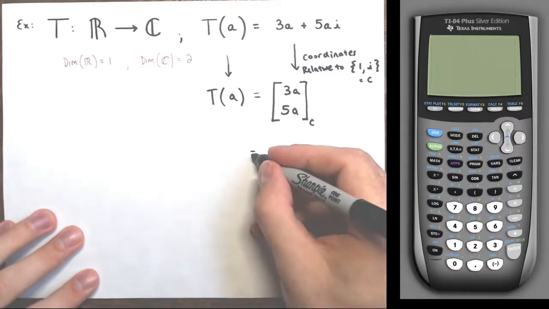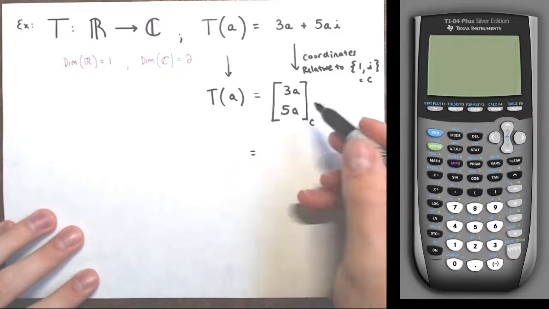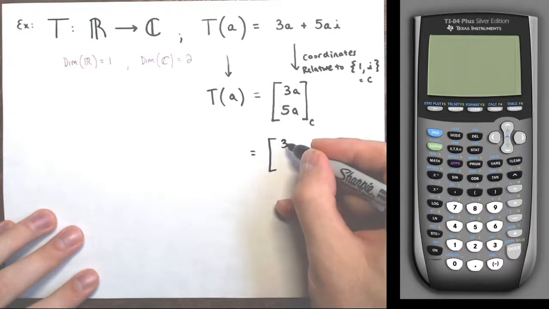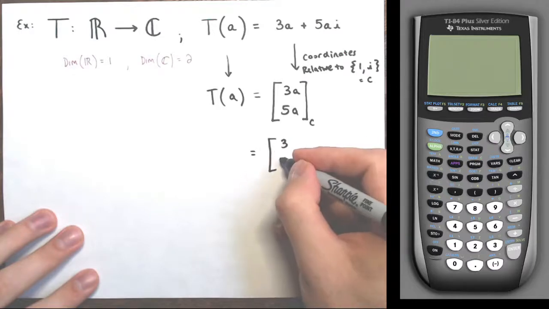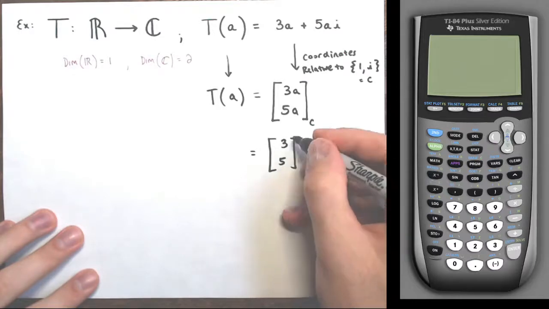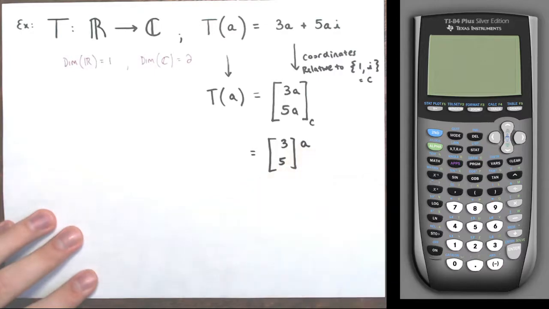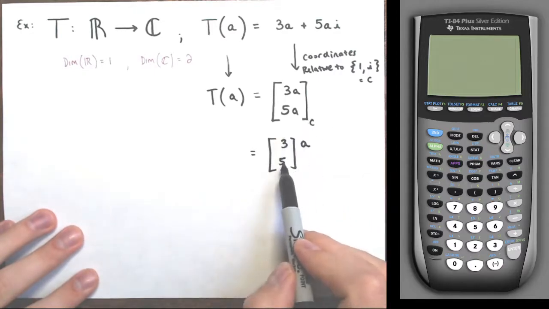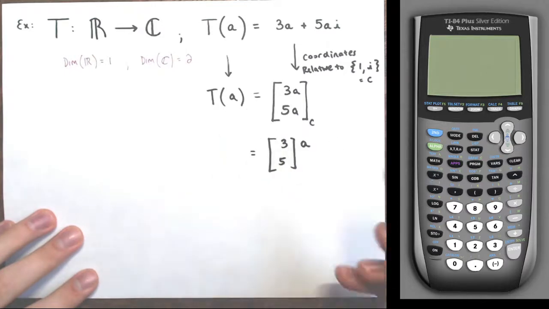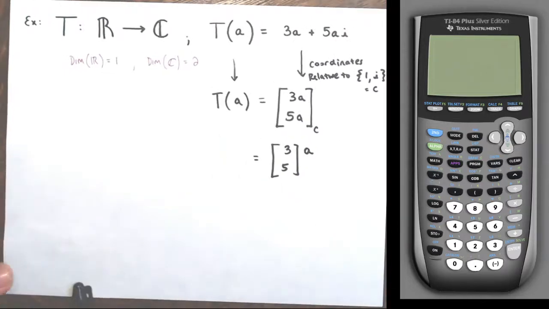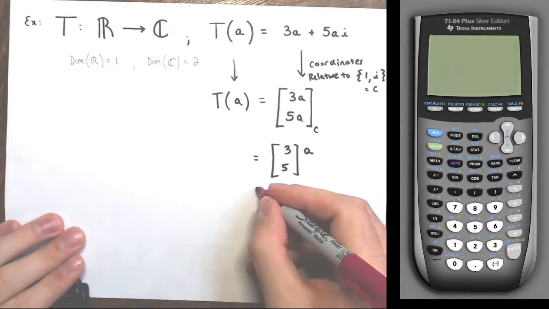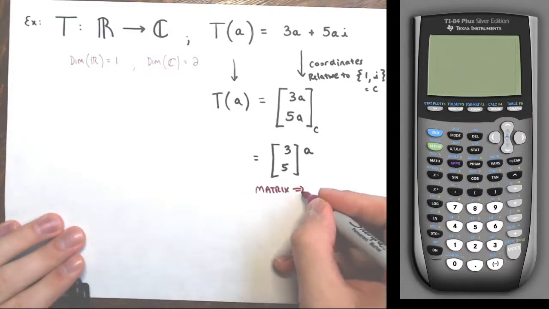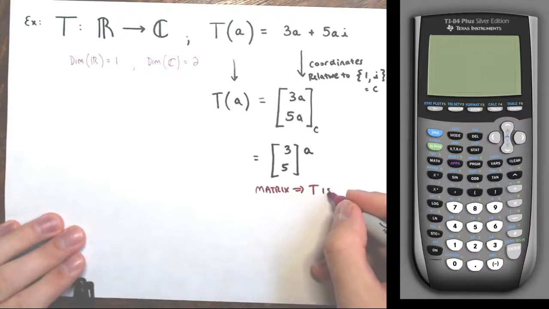And I can tell easily that this can be written as a matrix times the input. This is just the matrix. It's a 2 by 1 matrix with 3 and 5 in it, just the coefficients of a times a. I can very easily write this as a matrix times the input. So again, we have a matrix transformation implying that T is a linear transformation.